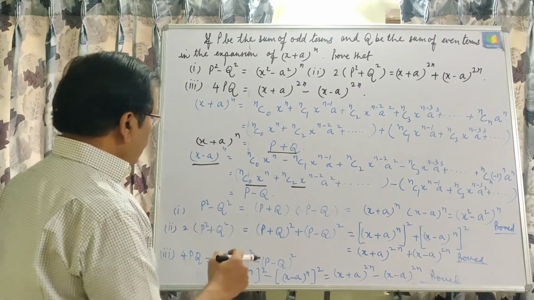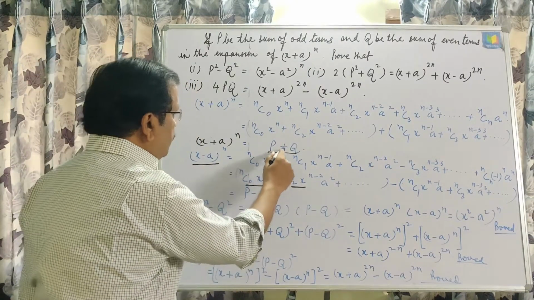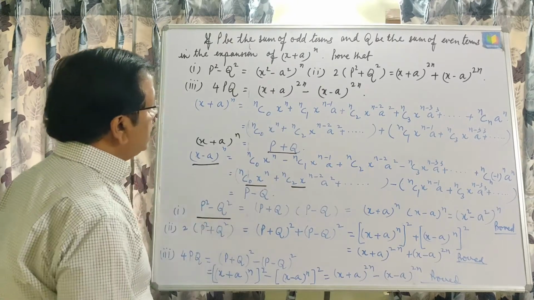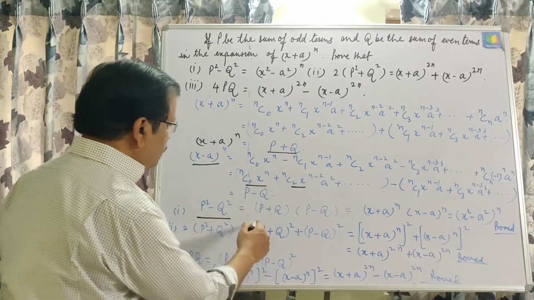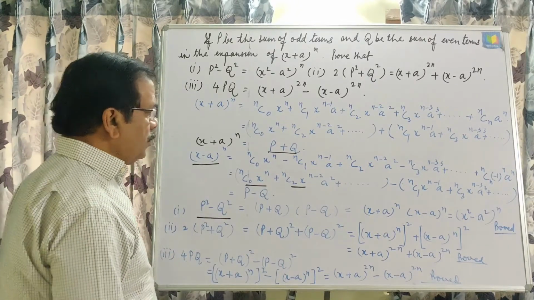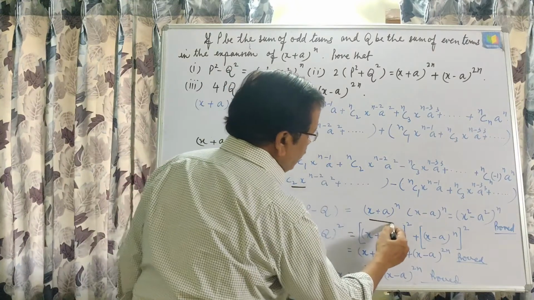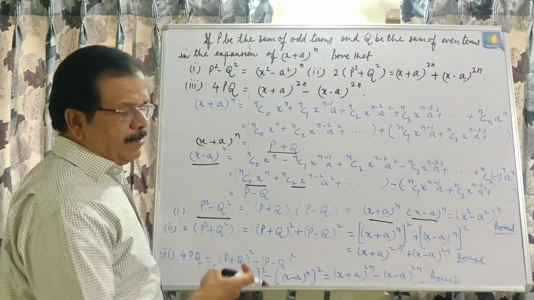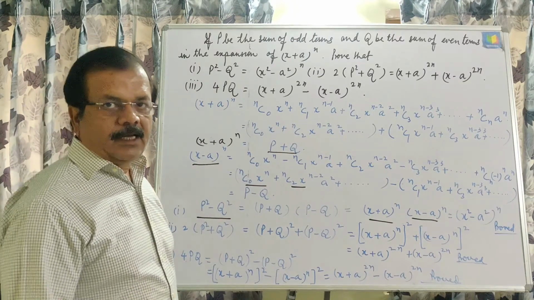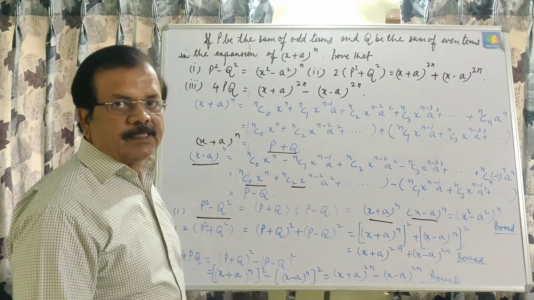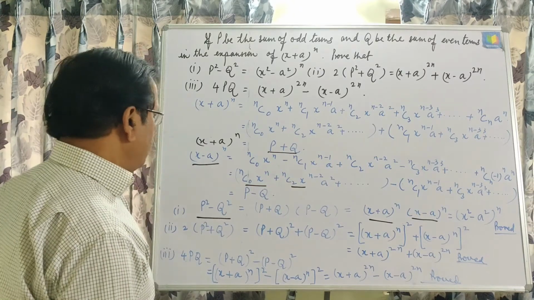Then p plus q and p minus q, so p square minus q square is p plus q times p minus q, that is x plus a to the power n times x minus a to the power n, and this is the simple identity a square minus b square, that is x square minus a square to the power n.